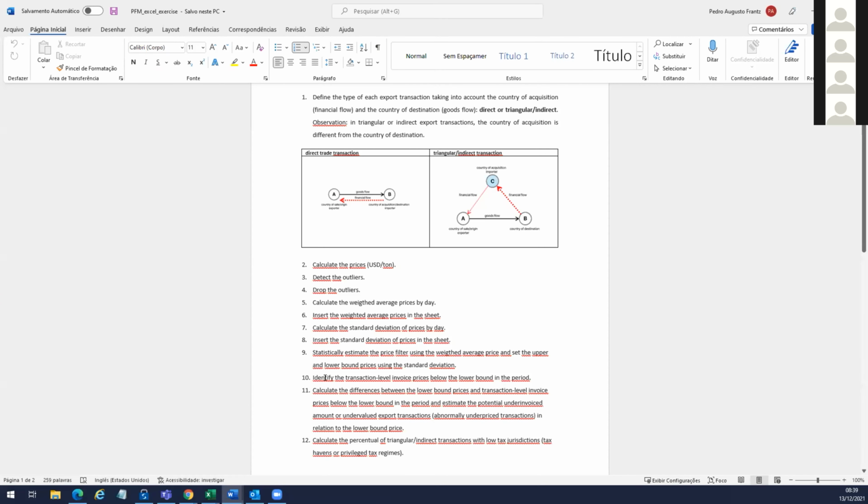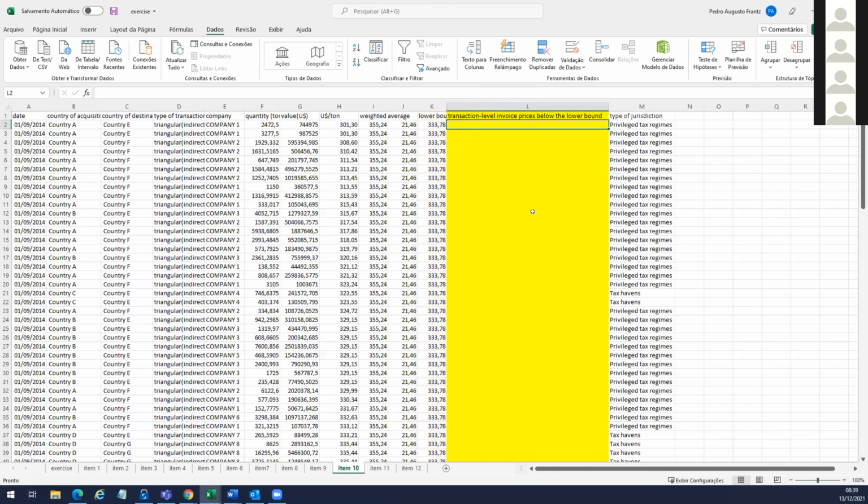10, identify the transaction level invoice price below the lower bound in the period. Let's go. 10. I need to identify when the transaction level is below the lower bound. I have lower bound in this column. I have the price in this column. This price is lower than this. I will put it here. If not, I will put 0. It's a simple formula.